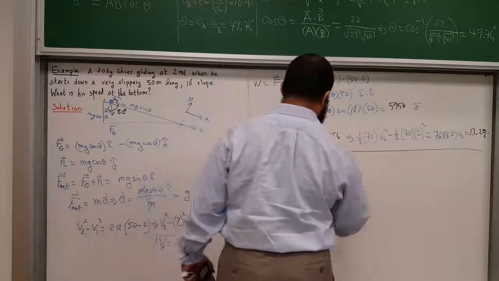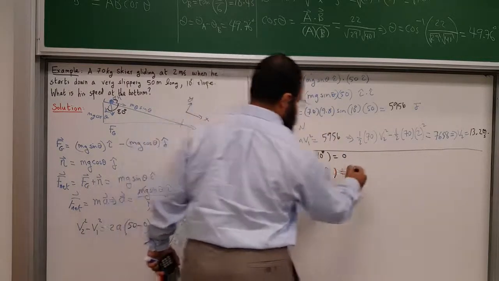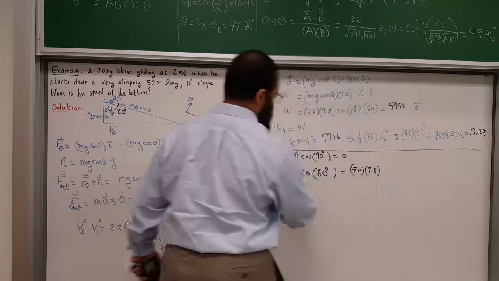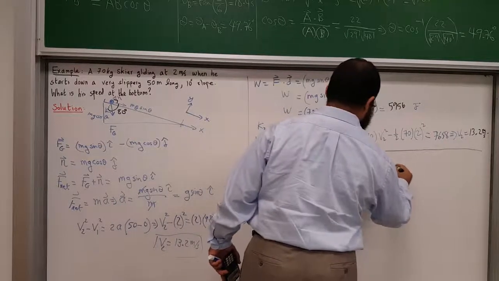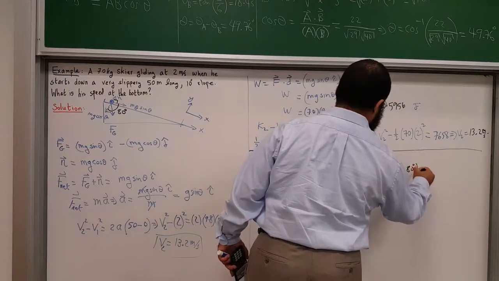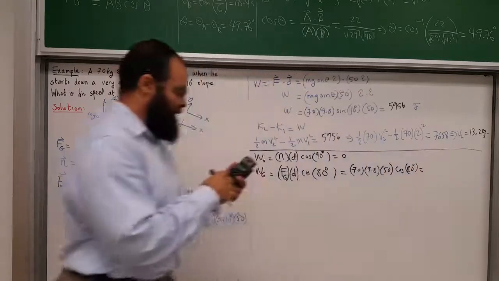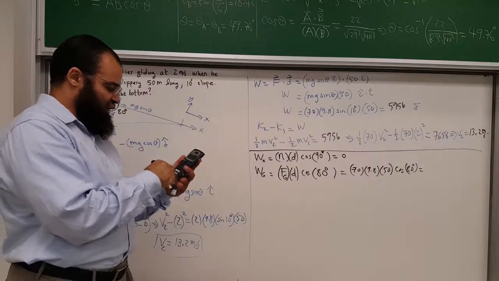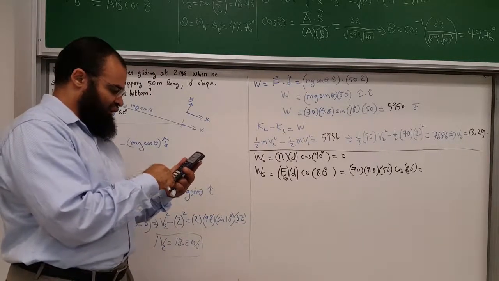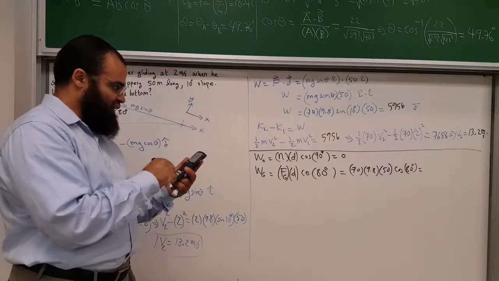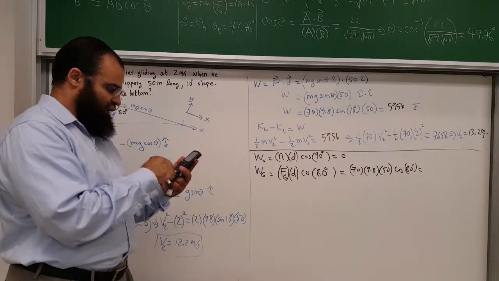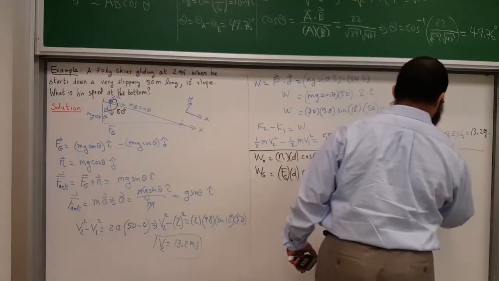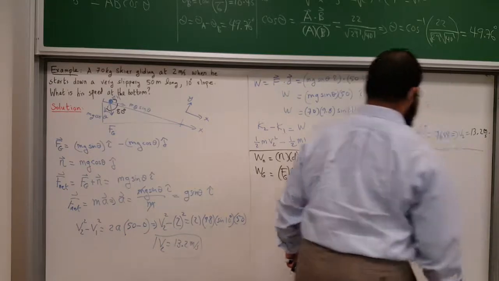The force of gravity is mg, so it's the mass, which is 70, times gravity, 9.8. Distance moved is 50. Times the cosine of 80. So you get 70 times 9.8 times 50 times the cosine of 80, and you get 5956.